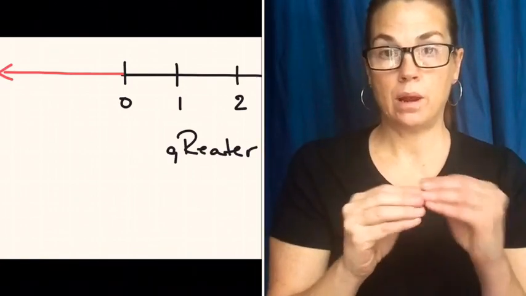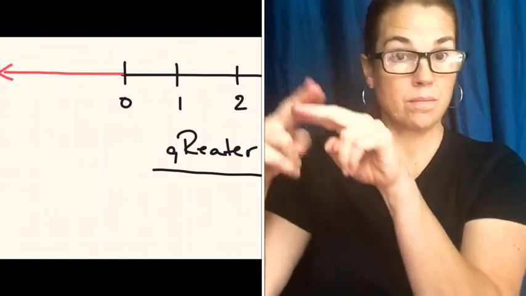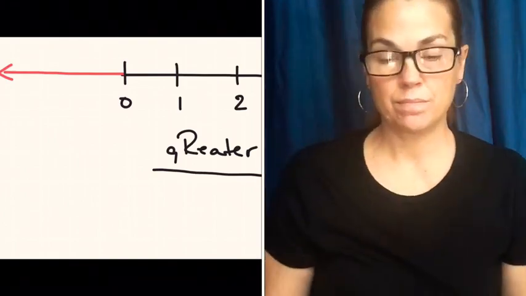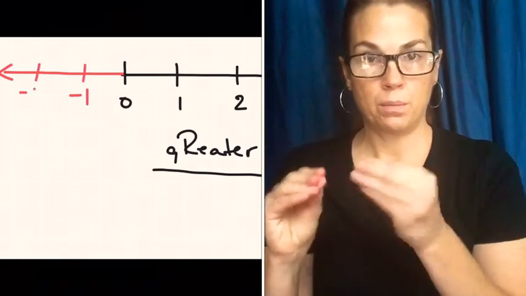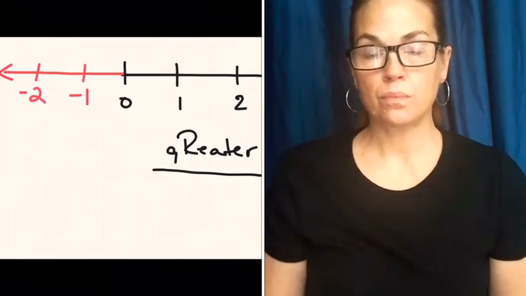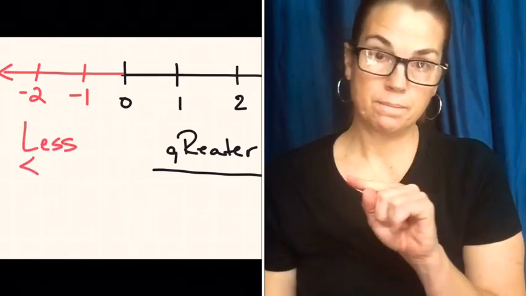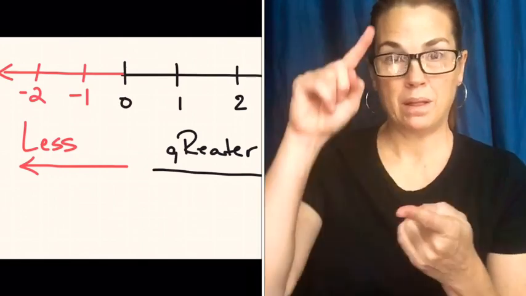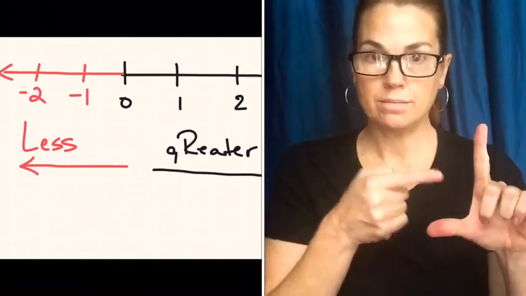The further right we go, the larger the value of that number. We also know that as we move left, we get less. Left is less. On a number line, we can also show fractions.